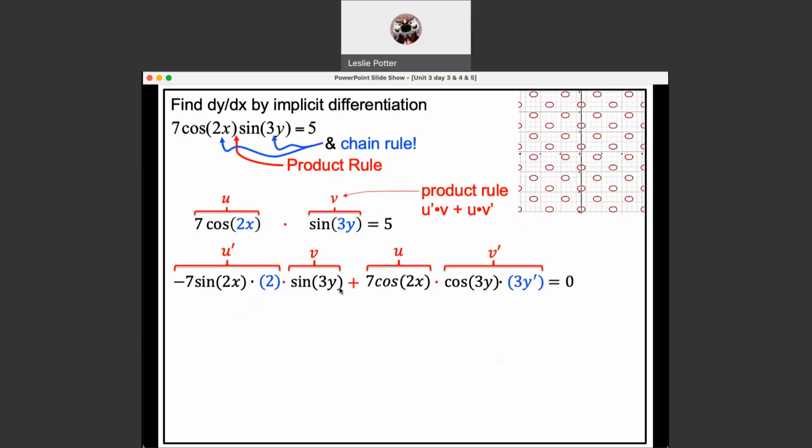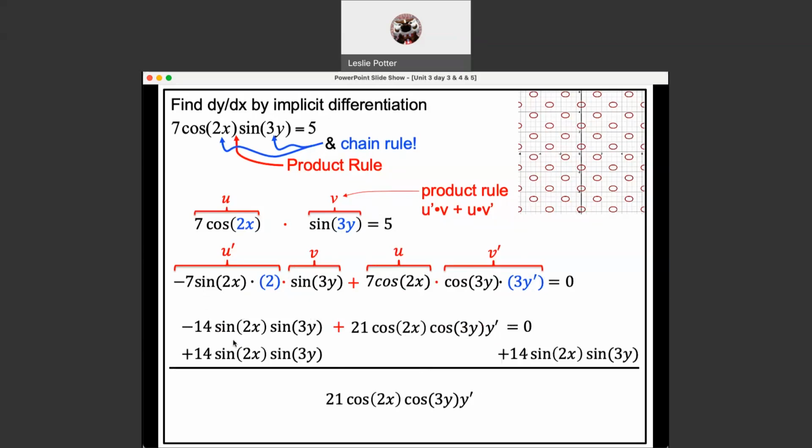So I'm going to take this and simplify it, right? -7 times 2 is -14. So I've got -14 sine 2x sine 3y plus, I'm going to simplify this, 21 cosine 2x cosine 3y y prime equals 0. Okay, so I've got two terms. I'm going to move this term, this -14 sine 2x sine 3y, over to the right-hand side by adding it.